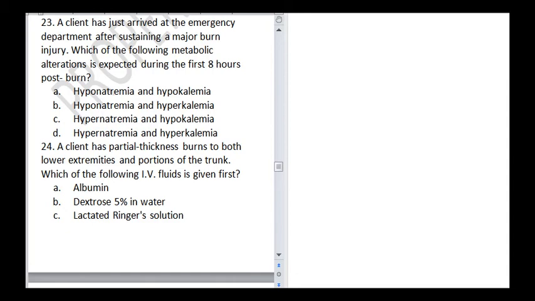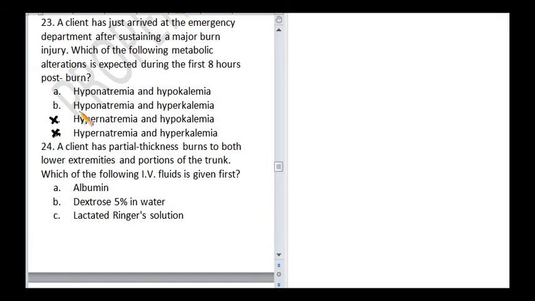Or D, hypernatremia and hyperkalemia. So let's try to eliminate some options. We all know that during burn, the patient's sodium decreases. So it should not be C, and it should not be D. It should be hyponatremia. So it's only between A or B.